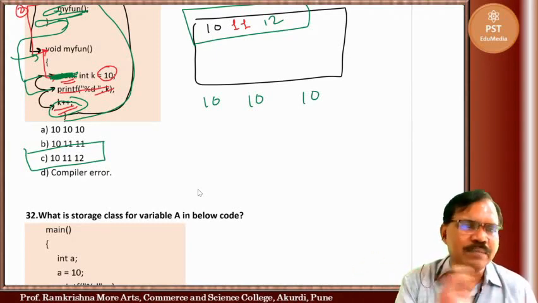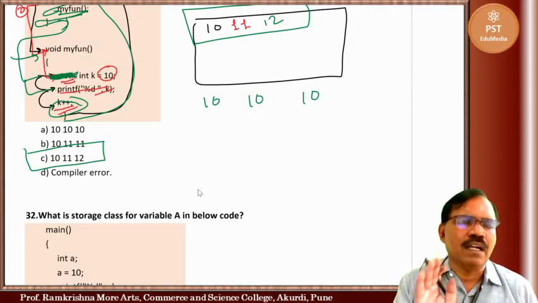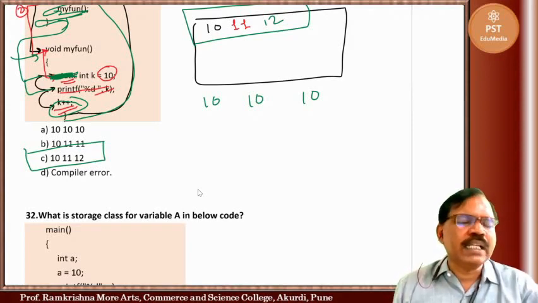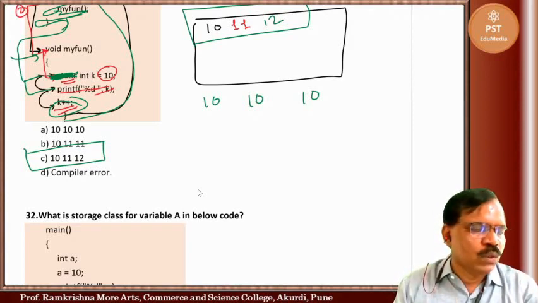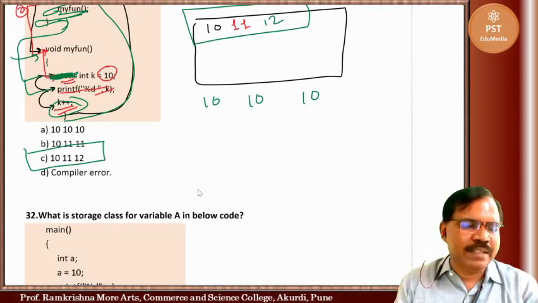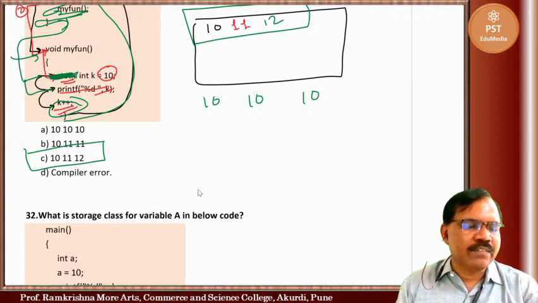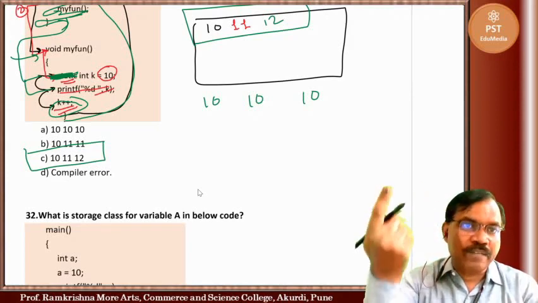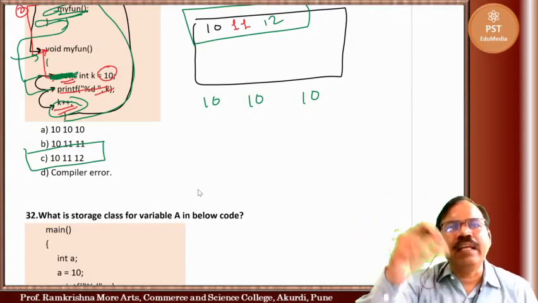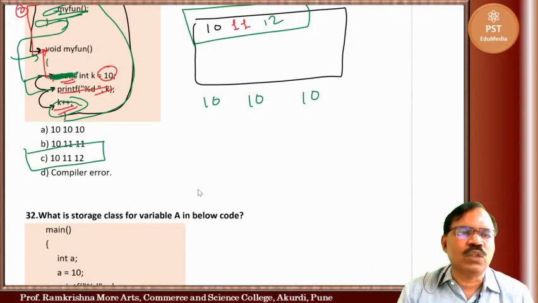So that is the difference between static and auto variable. Static variables retain their value throughout the program. Thus when function is exited and re-entered at later stage, the static variable defined within the function will retain their former value. Like here 11 is retained, then 12 is retained, and so on.